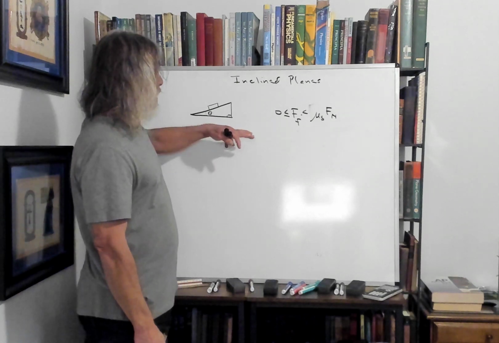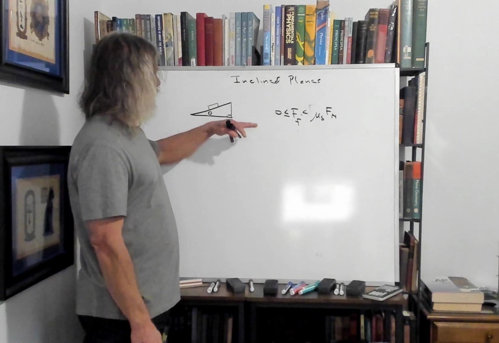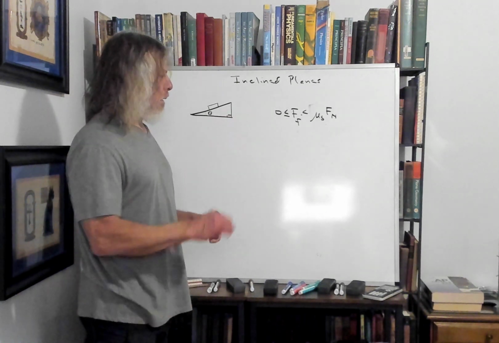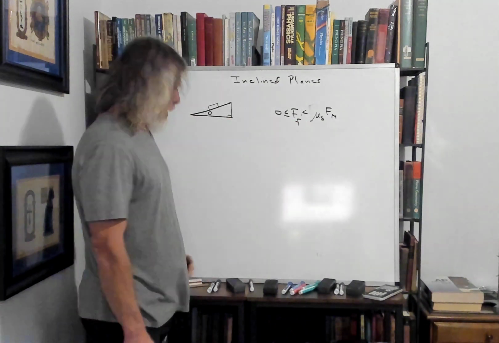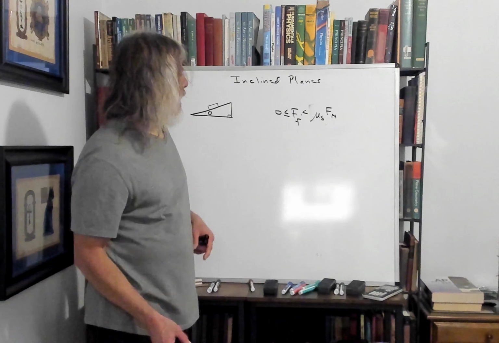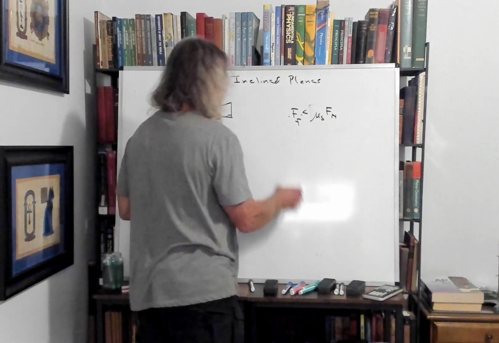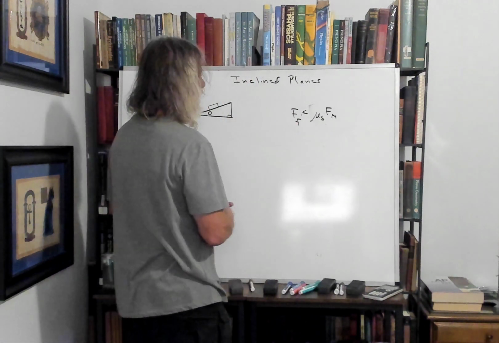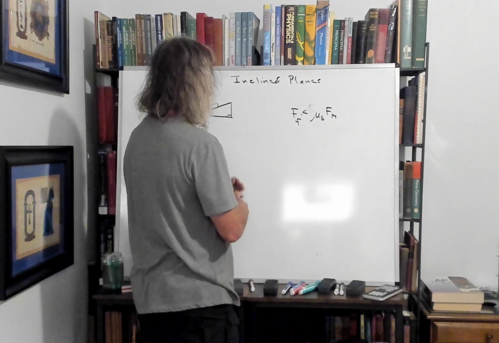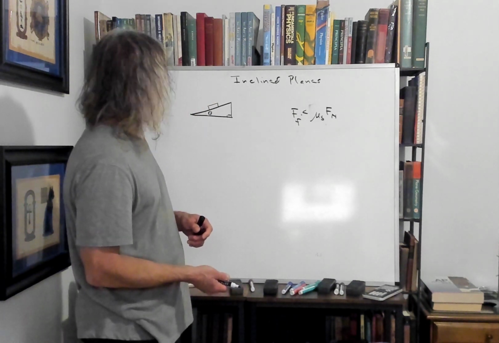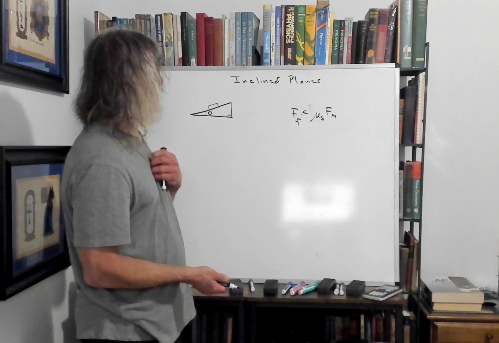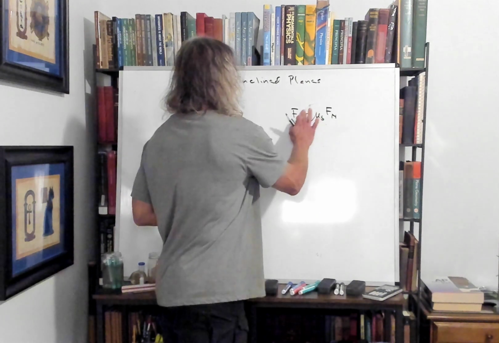So at different angles, friction will hold it. And then eventually there's some point where the thing just starts to move, where you're getting up to the capacity here. And so at that angle, once you get there, the force of friction would be just equal to this.